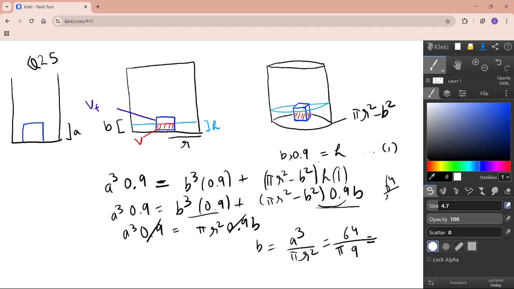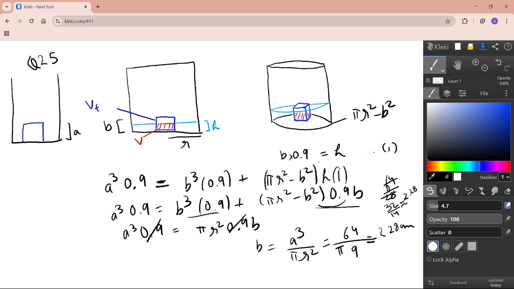So 64 by 28 is 32 by 14, which is approximately 2.28 centimeters.